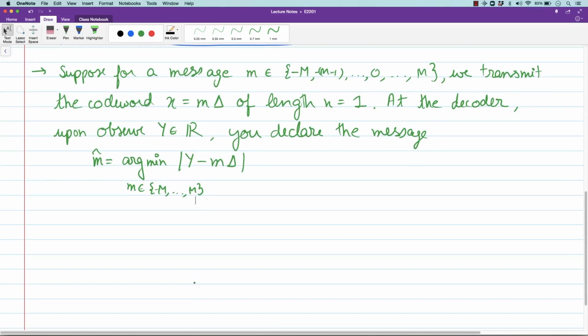If you look at this scheme, what is the average probability of error for this scheme?